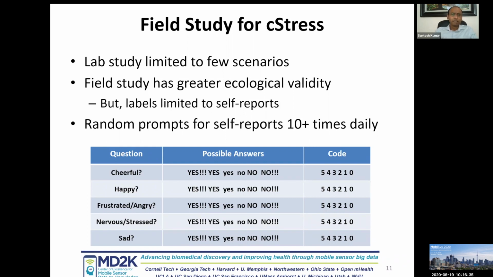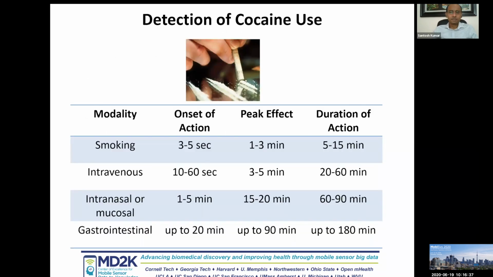Okay. So the next example I will use is detection of cocaine use. Cocaine use does affect physiology again.